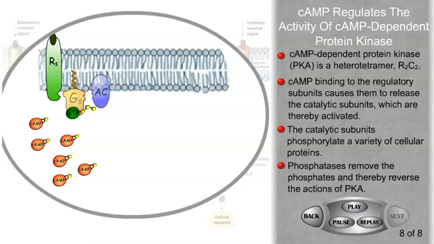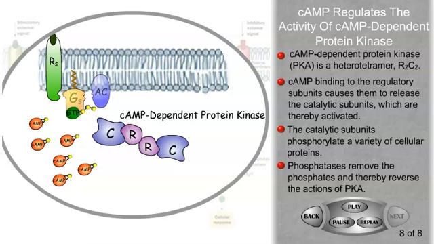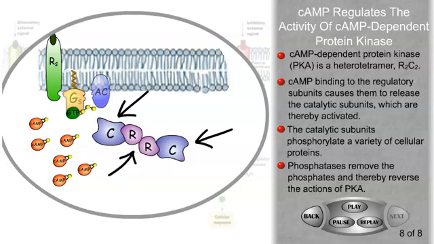But how do changes in the concentration of cyclic AMP result in changes in cell function? The answer is that cyclic AMP in turn activates an enzyme known as cyclic AMP-dependent protein kinase. Cyclic AMP-dependent protein kinase is a tetrameric protein that consists of 2 catalytic subunits and 2 regulatory subunits.